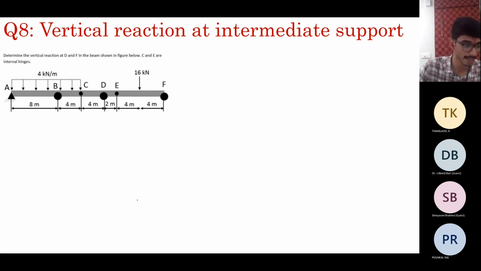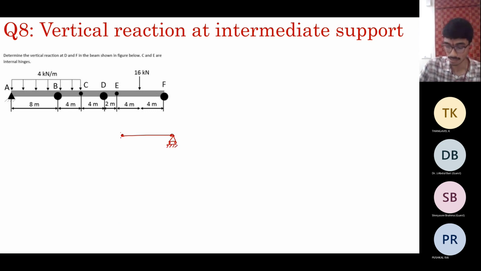So here we are asked to find out the vertical reaction at the intermediate supports D and F. So as usual, let me skip some steps. Let us start from the right side. E is an internal hinge, F is a roller support.